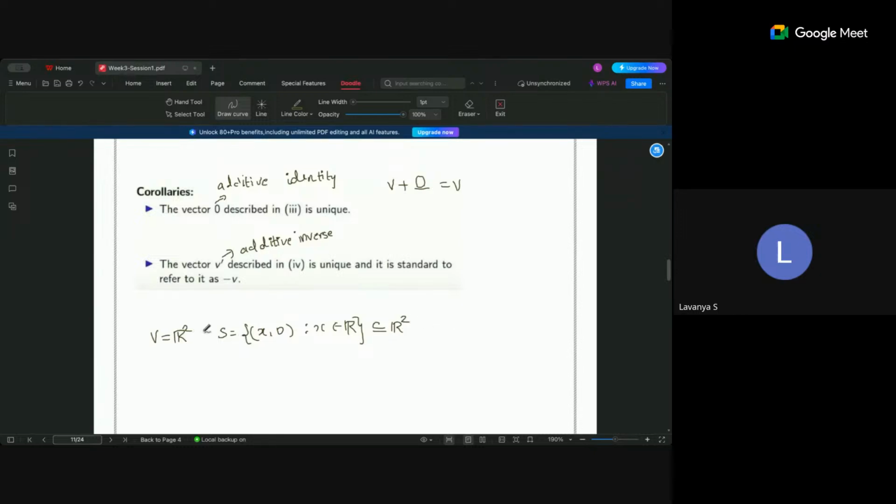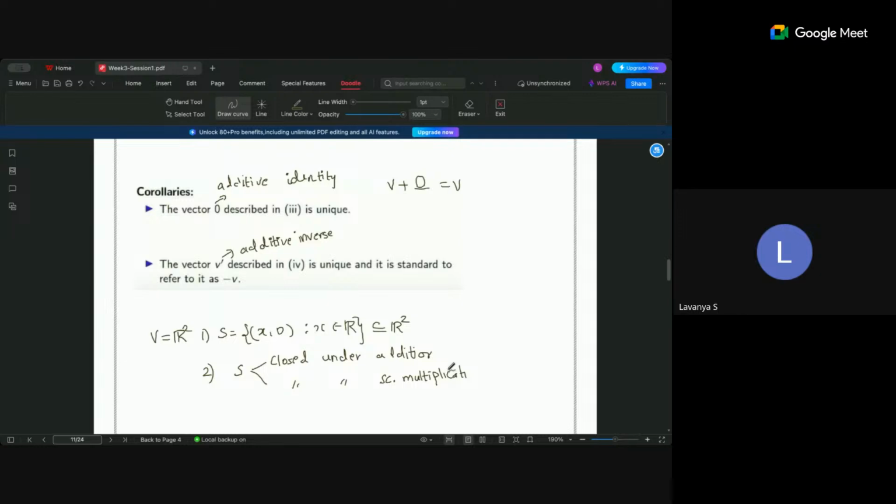So this is the first thing. What is the second thing? It is closed under addition and scalar multiplication, which we have already verified. Here you have to be careful.